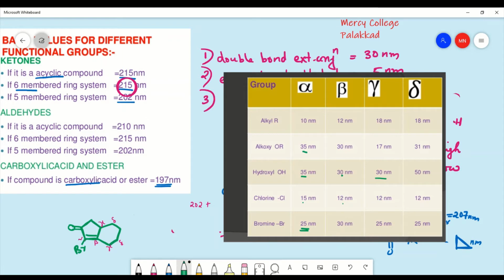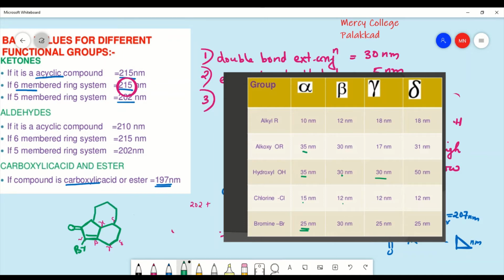Now another thing is that if alpha beta unsaturation is present on both sides of the carbonyl group, then the value of maximum absorption is calculated by considering the most highly substituted conjugated system. Suppose you have a ring like this.